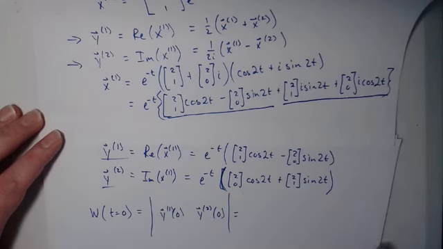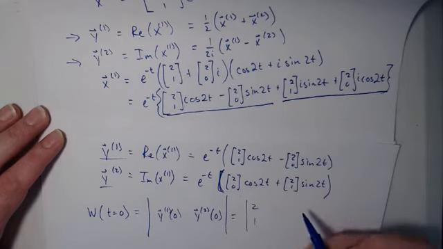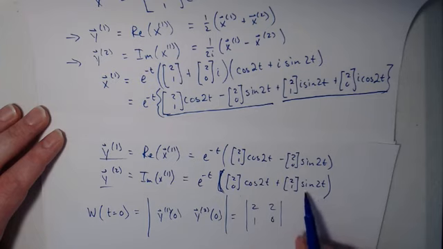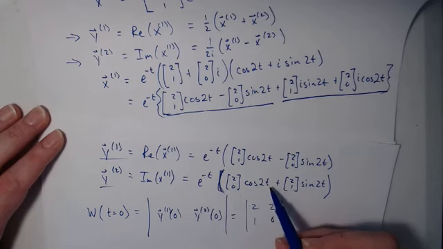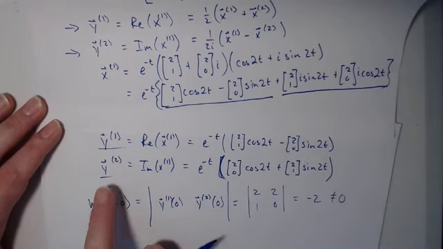So y1 at 0 is going to be 2, 1, and then 2, 0 for y2 at 0. When t is 0, sine is 0, so that zeroes out those terms, and cosine of 0 is 1, so we just have those two vectors. That's going to be equal to negative 2, which isn't 0. So the Wronskian's not 0, and these two solutions form a fundamental set.